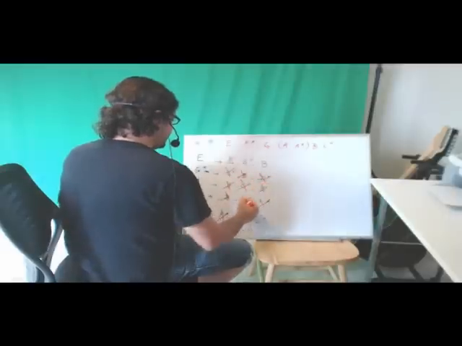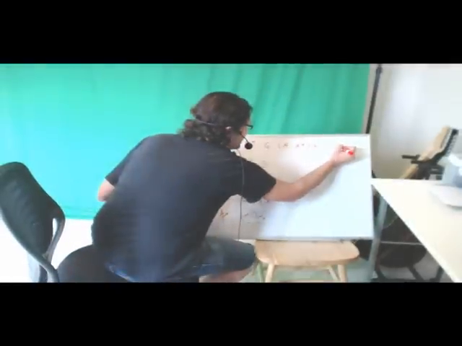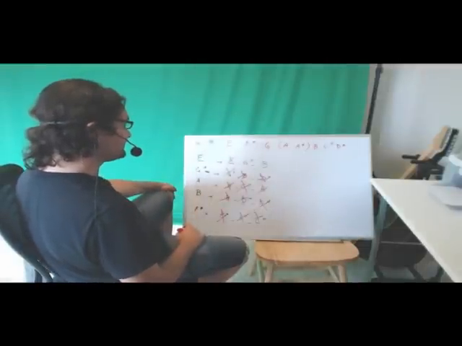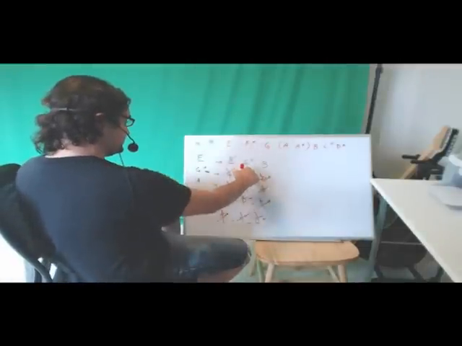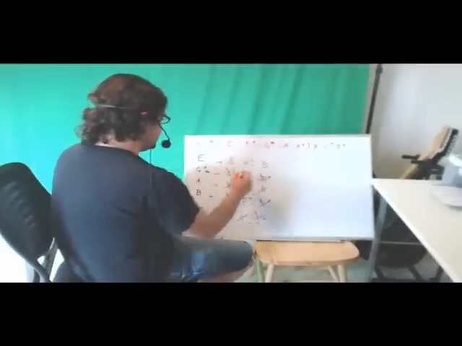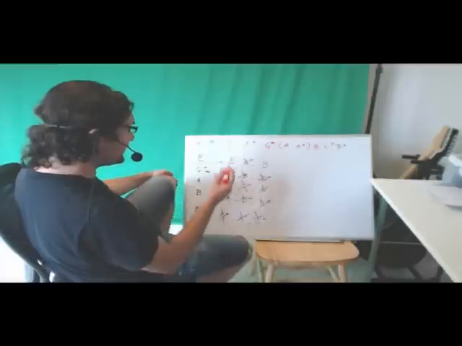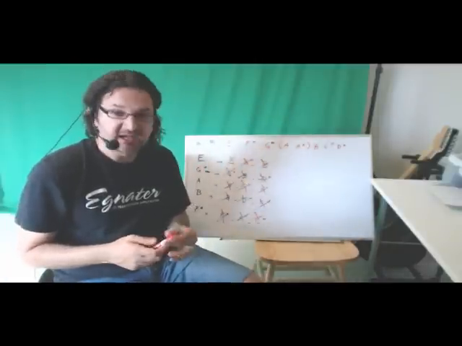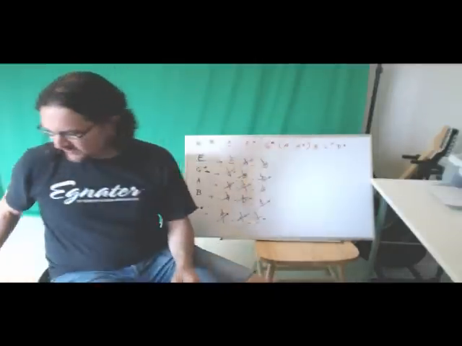D sharp is right here. Did I miss anything? Yeah, G, right there. G sharp. Yeah, this is G sharp. Sorry. Okay, and B is right here. Yeah, I'm sorry, it's C sharp. So that's what we have.